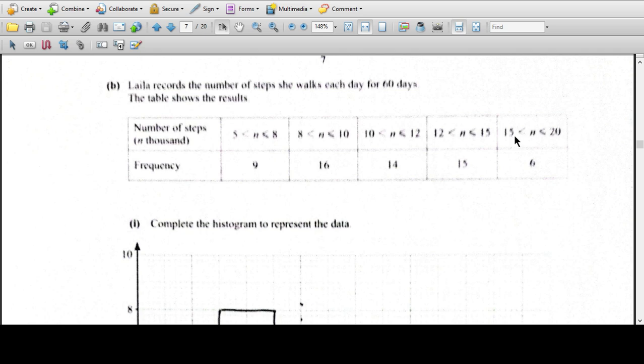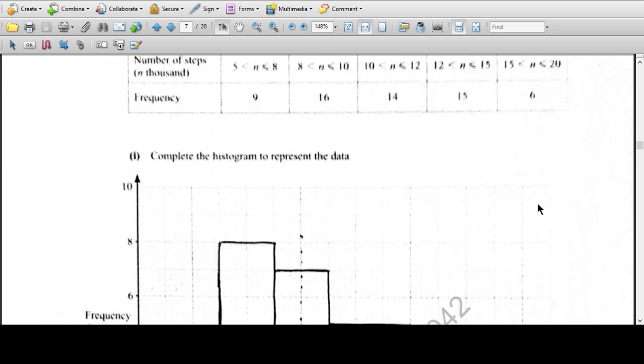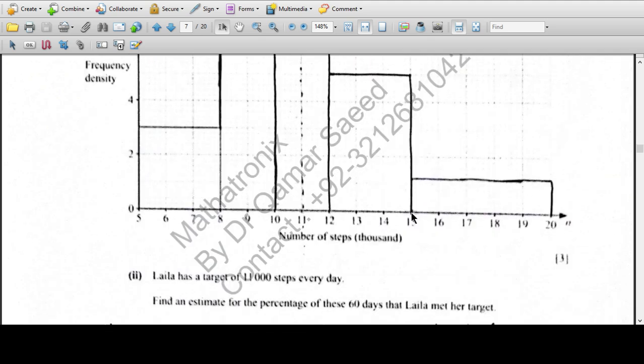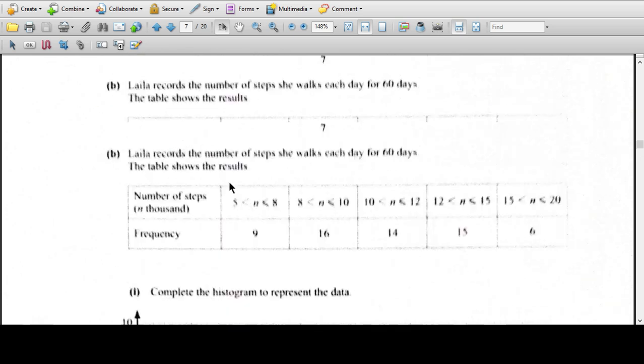And for 15 to 20 the class width is 5, so 6 divided by 5 is 1.2. So this is the histogram that is required.